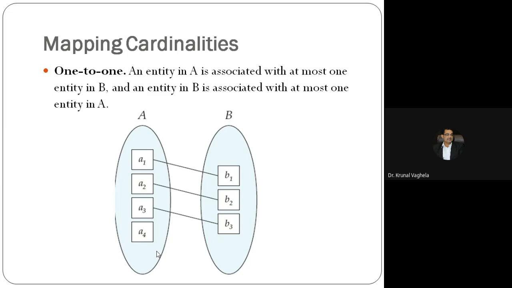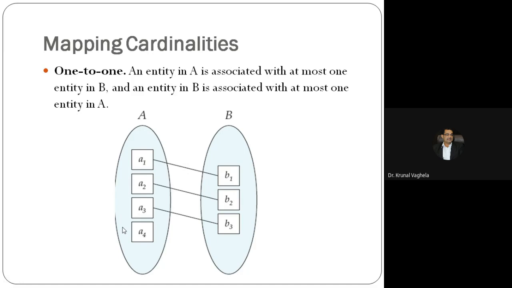An instructor can be advisor of only one student, and a student should have only one instructor. This is one-to-one. For example, these are instructors, these are students. So A1 is advisor of only B1. A2 is advisor of only B2. A3 is advisor of only B3. And A4, it is possible that some instructor doesn't have a student. It's fine.